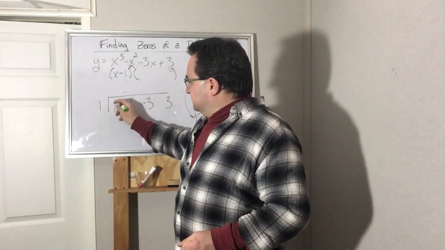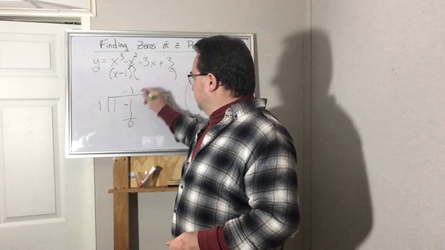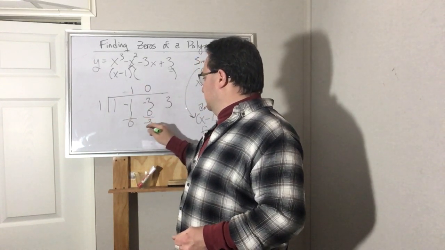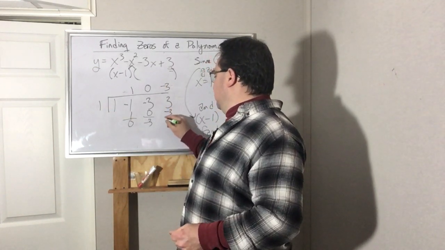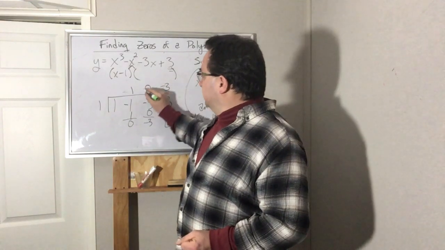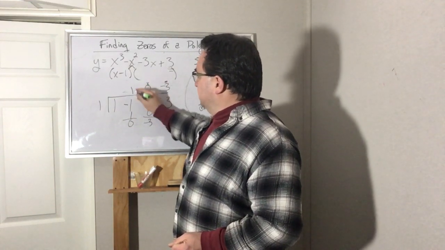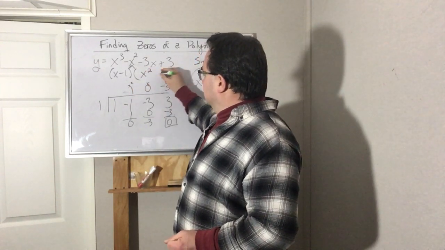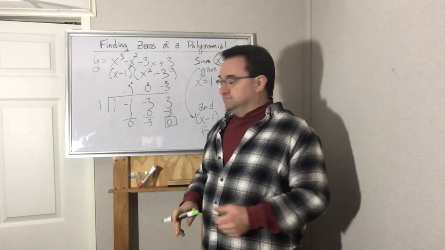And now the process is to pull this one up, multiply and add, pull that up, multiply and add, pull that up, multiply and add, and there's no remainder, and it's important that there's no remainder. So this is what goes up here. This is the number, this is the x, and this is the x squared. So x squared minus 3 is my other factor.